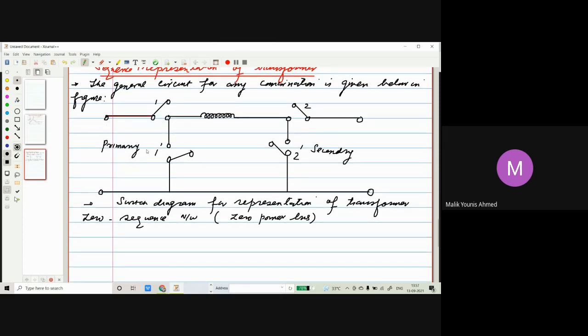Now let's move further. Here 1 and 1 dash are called primary switches. 2 and 2 dash are called secondary switches.